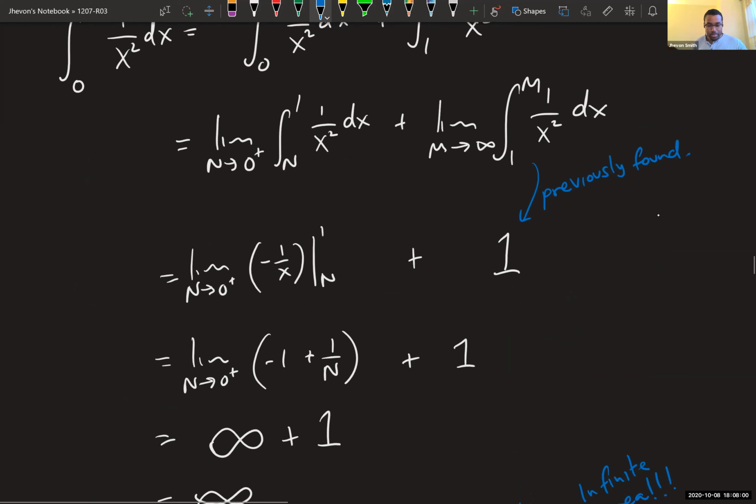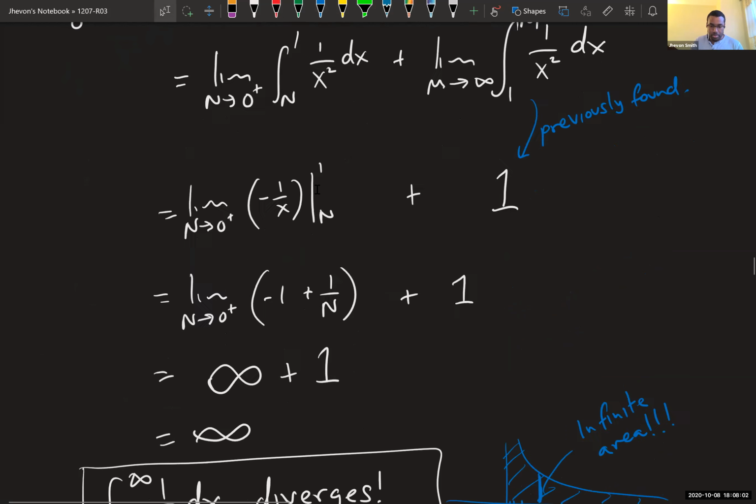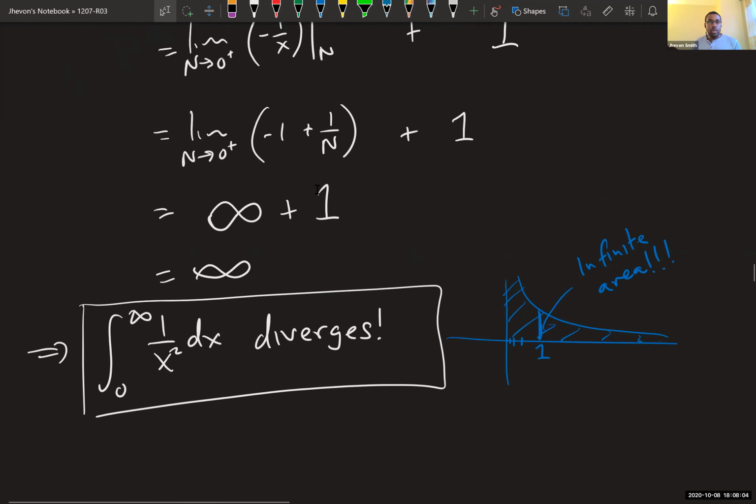Does that mean that a vertical asymptote causes it to diverge? Not in general. You do have to be careful and actually take your limits. I'm not making a general statement that this always happens when you have a vertical asymptote. It's possible that you rise so fast that the width you're covering compared to the height you're covering is minuscule.